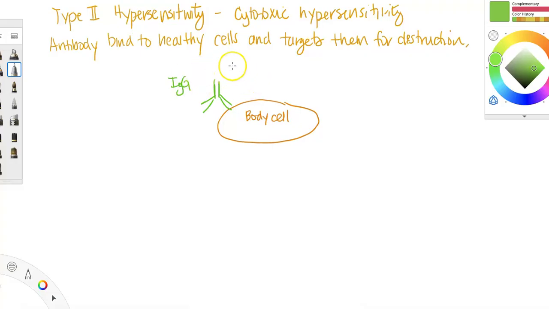IgG antibodies, but it could start the complement cascade against that body cell. So these are just the mechanisms, right?